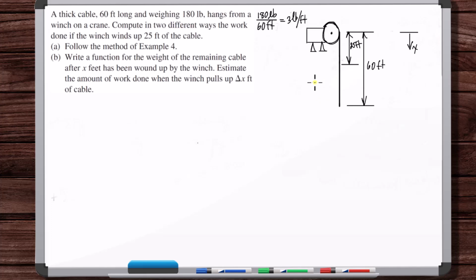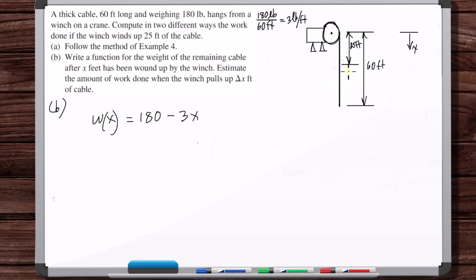This is just going to be a linear function. We'll say W, this is part B. W of x is the weight of remaining cable after x feet has been wound up by the winch. So when x is equal to 0, it's going to be 180, right? Because 0 feet has been wound up by the winch, so it's 60 times 3, and then just minus 3x.